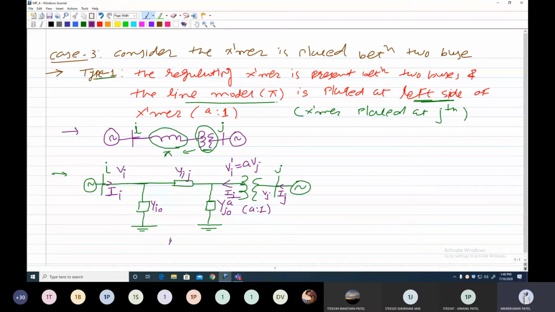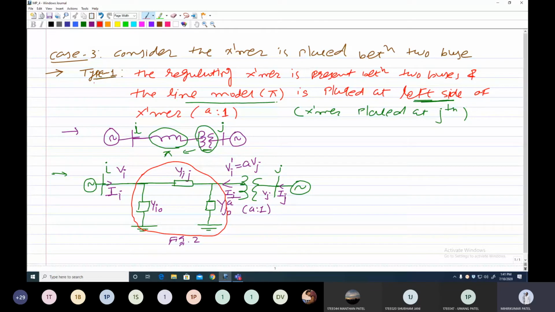So this is figure 2, which represents the pi model of the transmission line, located at the left side of this regulating transformer. Or we can say the transformer is placed at jth bus. Why? Because this is a two bus network, so there are two possibilities where we can place our transformer, either at the ith bus or at the jth bus.